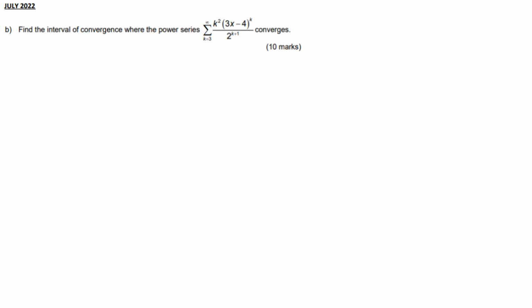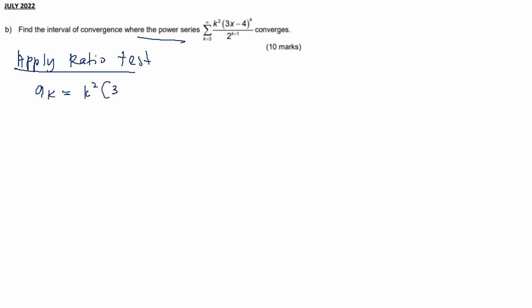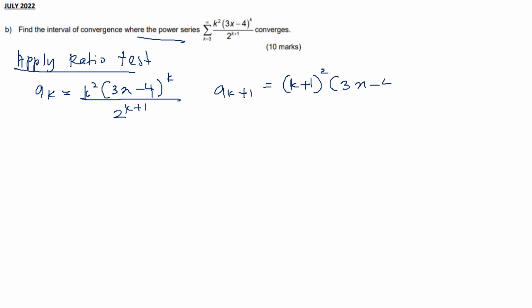Question, July 2022. Right, the first step as we do is we have to apply the ratio test. Okay, so you have to remember the step. Apply the ratio test, where a_k equals k squared (3x minus 4) to the power of k over 2 to the power of k plus 1, and a_(k+1) equals (k plus 1) squared (3x minus 4) to the power of k plus 1 over 2k plus 2.